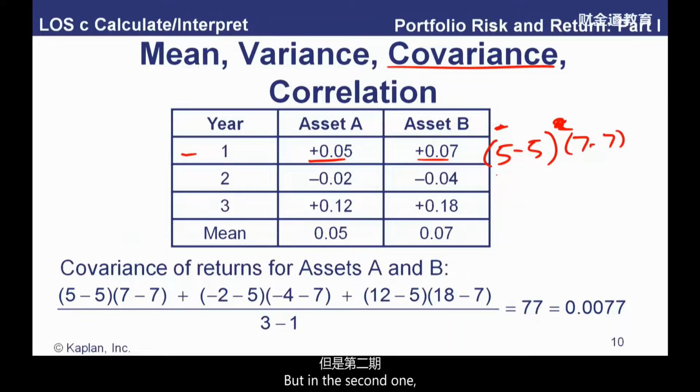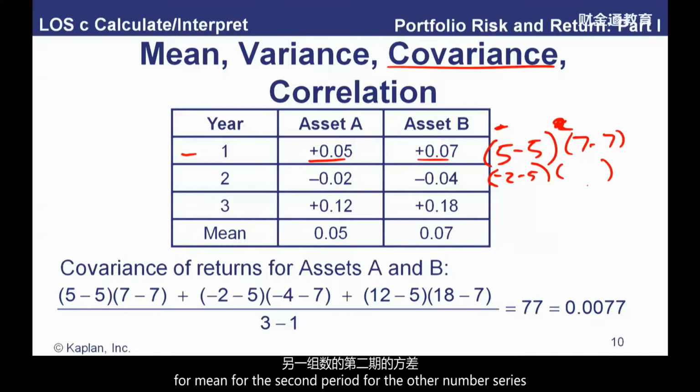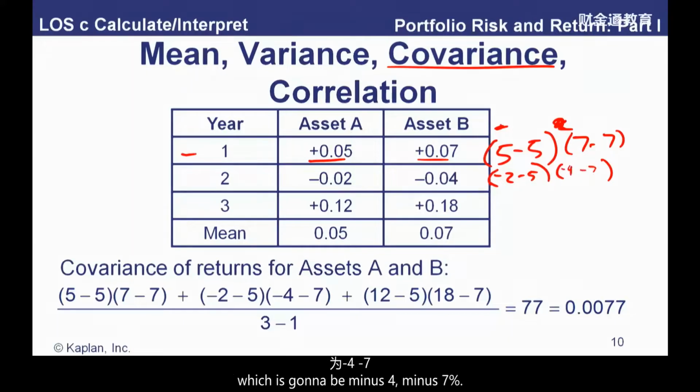But in the second one, we could have minus 2 minus 5. That would be minus 7, and instead of squaring it, we're going to multiply it by the deviation from the mean for the second period for the other number series, which is minus 4 minus 7%. So in this case, I guess 3 things can happen.